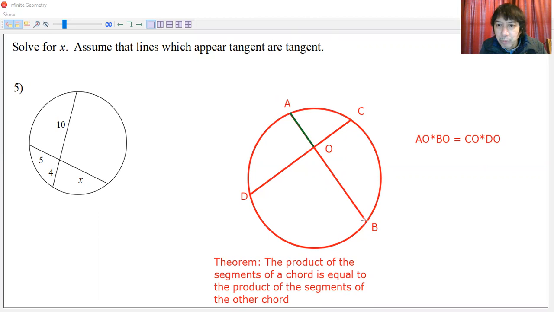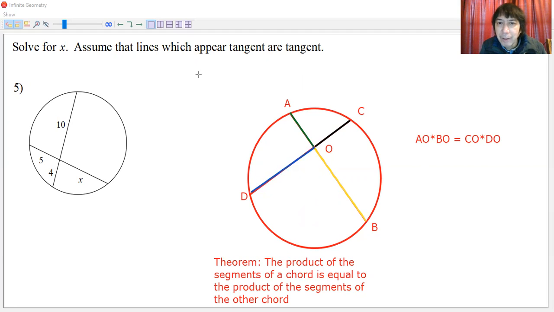So it's the green length times the yellow length, and that will be equal to CO. Let me use another color, say black. So that's equal to this length times the other part of that segment, DO. It's this segment here.